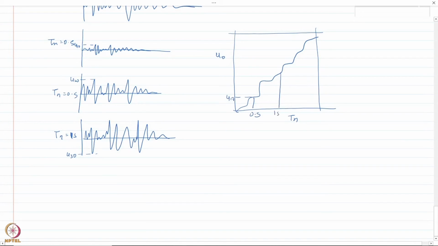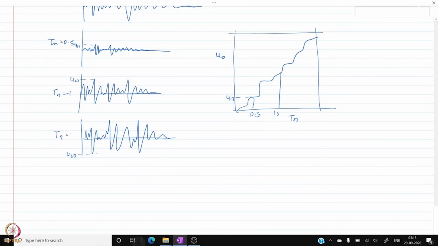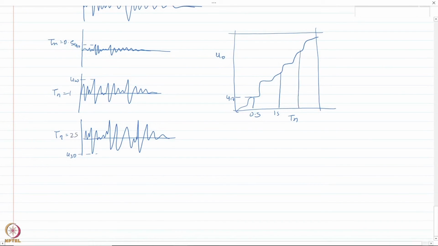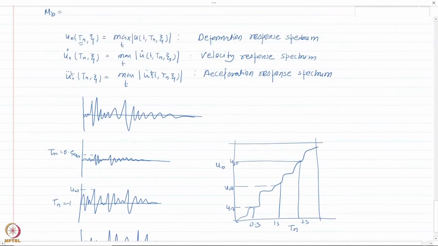Then this would correspond to 1 second, and this is 2 seconds here, and each of these corresponds to the peak responses that we have obtained, u20 and u30. So this is how the displacement response spectrum looks. Similarly, we can find out the velocity response spectrum and the acceleration response spectrum.